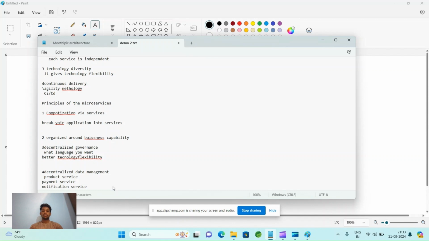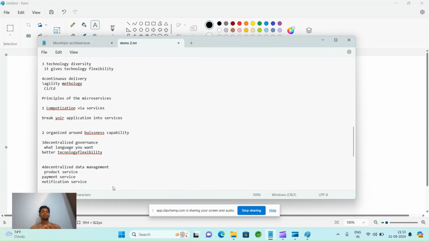Other microservices cannot directly access another service's database. If they need data from another service, they can communicate with RESTful APIs for communication.